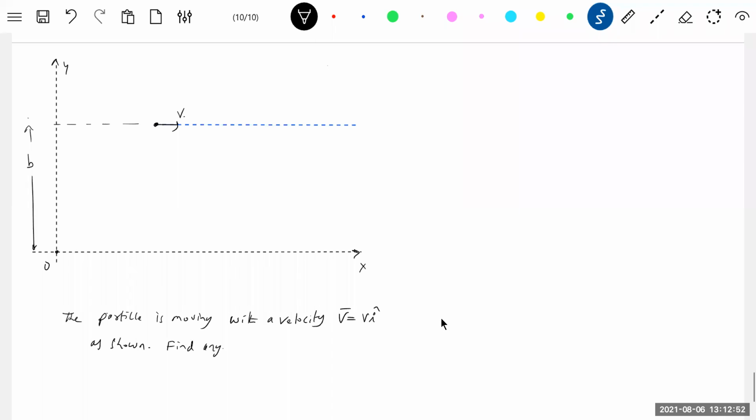Find the angular velocity of the particle about the origin, or about a z-axis passing through the origin.